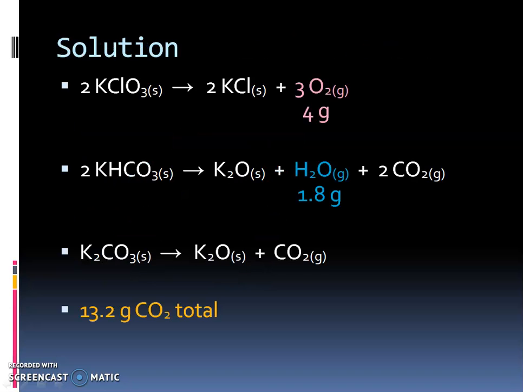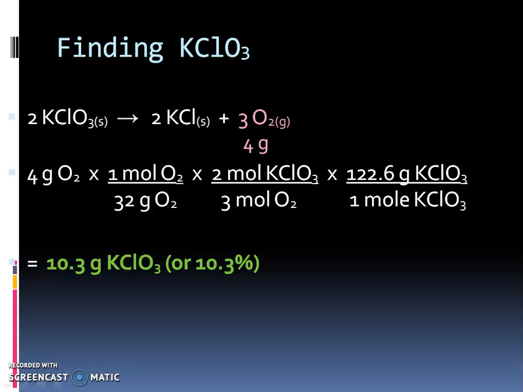So this is my game plan. I would have out the reactions and I would have the information they give underneath the substance, just like I'm doing a stoichiometry problem. And again, what else is given to us is how much CO2 is total. Then guys, it's really a stoichiometry problem after a stoichiometry problem after a stoichiometry problem. So here's how we would find the KClO3.